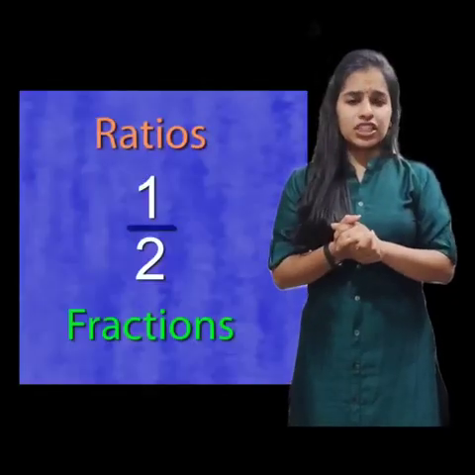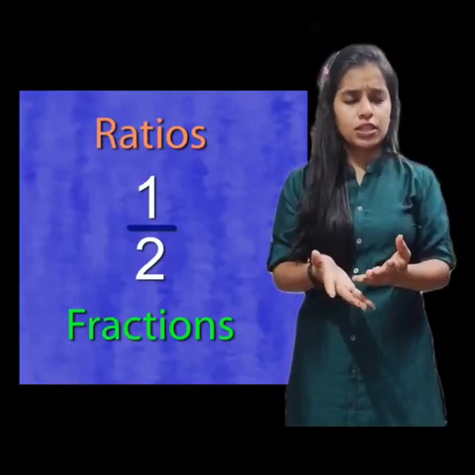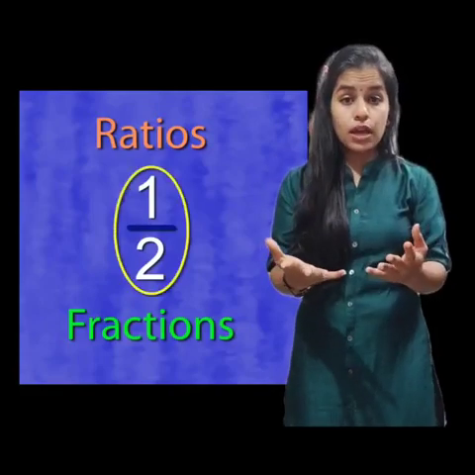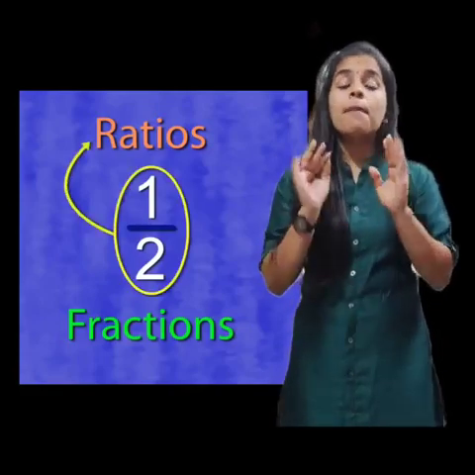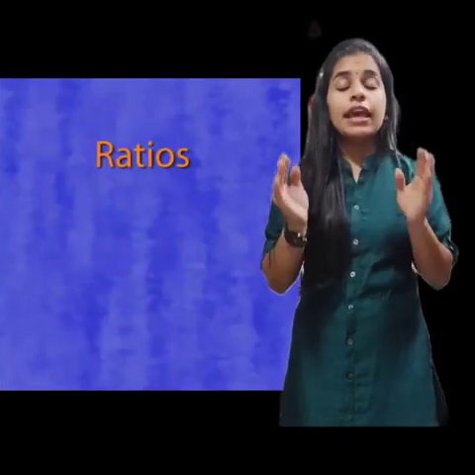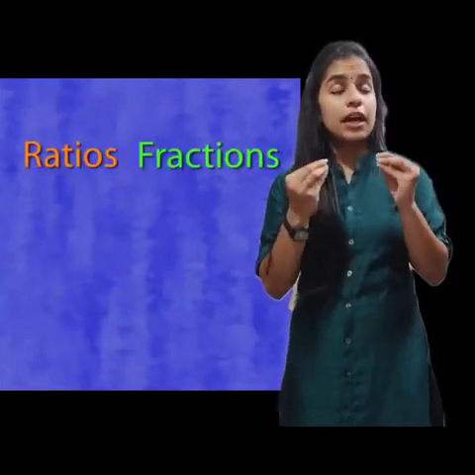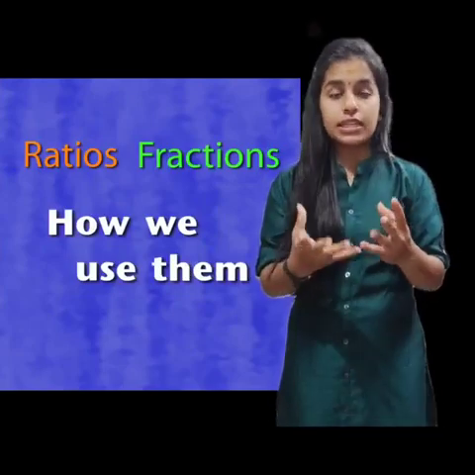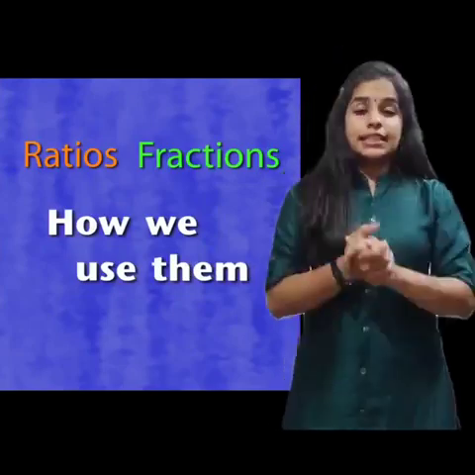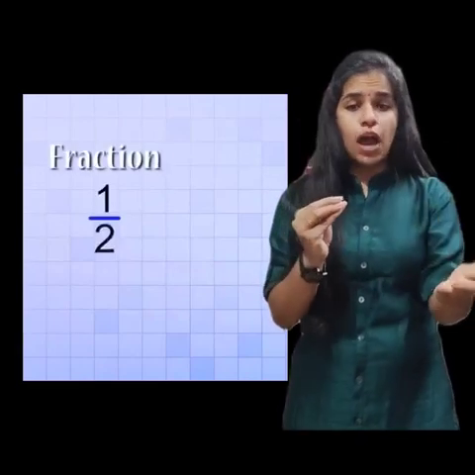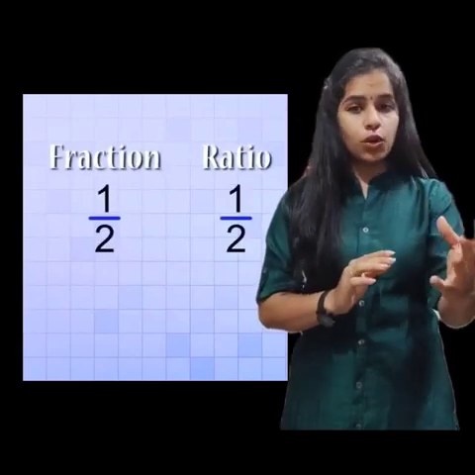Here comes the difference between the ratio and the fraction. Is it a ratio or a fraction? Don't get confused. Ratio and fraction are basically the same thing. In a fraction, we use it in a particular way, and we call it a ratio. For example, how can we use the fraction 1 over 2 and the ratio 1 over 2?